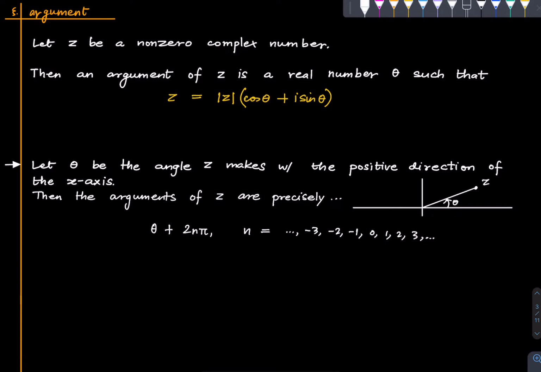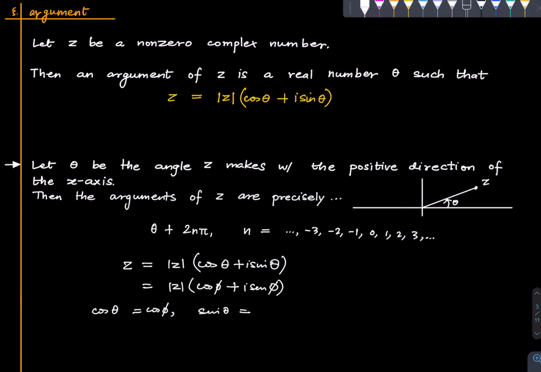That is because if z equals mod z (cos theta plus i sin theta) and also equals mod z times (cos phi plus i sin phi), then since z is a non-zero number, it follows that cos theta is cos phi and sin theta is sin phi, and therefore theta minus phi is 2n pi for some integer n.